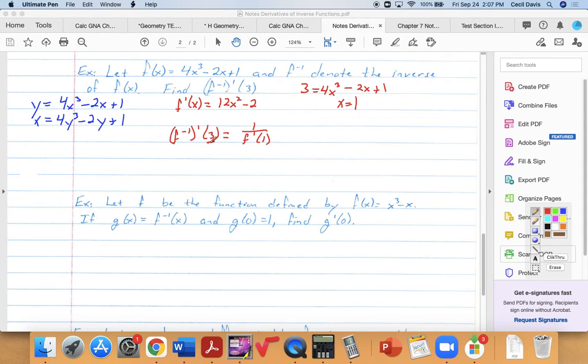The input for these is never the same number. Well, I shouldn't say never, but practically never the same number. So that's going to be just 1 over 12 times 1 squared minus 2. It's 1/10. So I can actually find the slope of the tangent line of the inverse function without ever finding the inverse function. That's pretty slick.